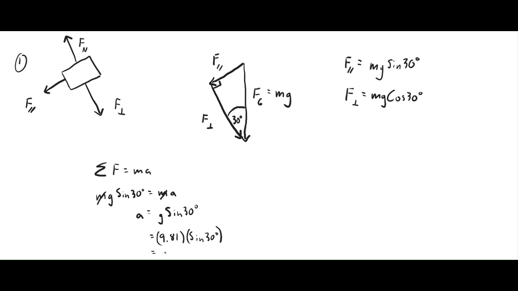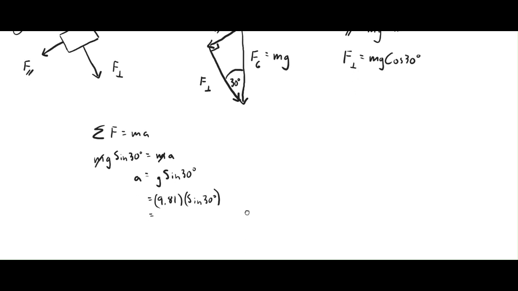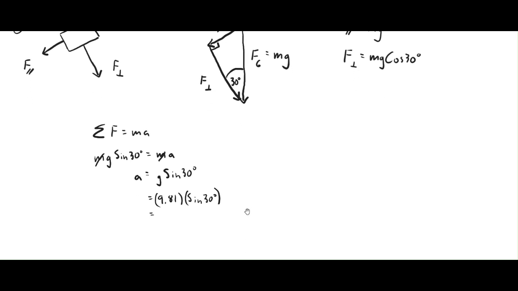And we end up with our answer of 4.905 meters per second squared. Okay, so here's our answer. The box goes down the ramp at 4.905 meters per second squared.